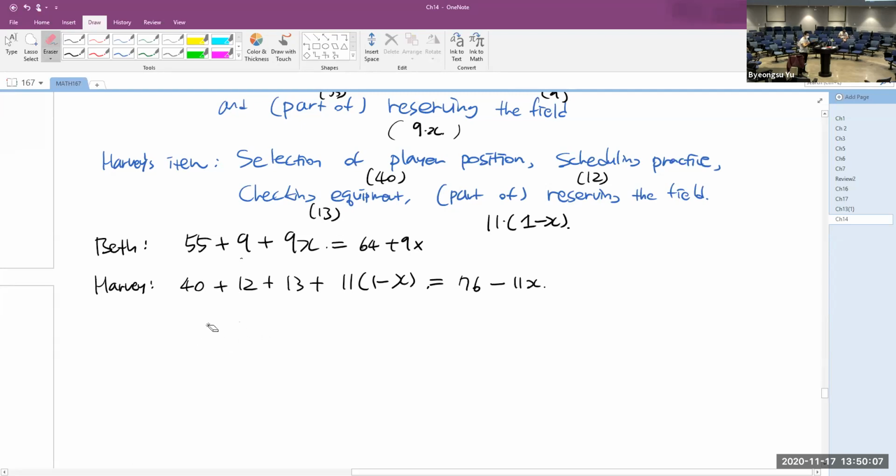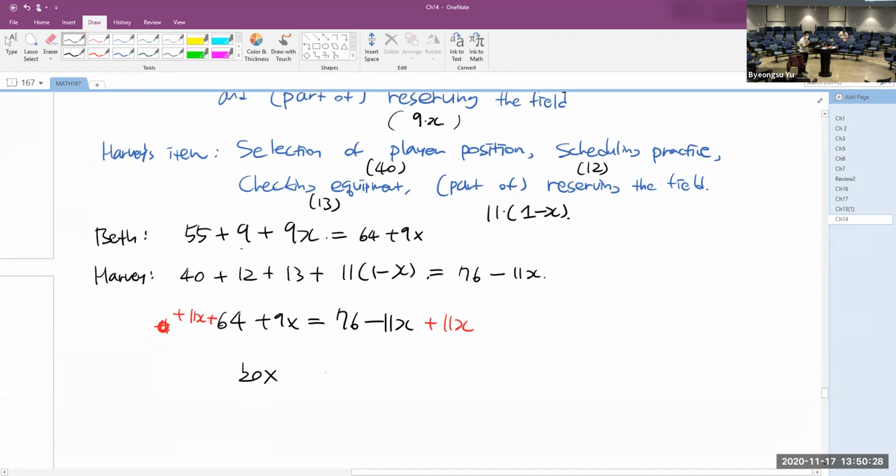So if you set 64 plus 9x equal to 76 minus 11x, then by adding 11x, what you can get is 20x. Sorry, 64 plus 20x is equal to 76.